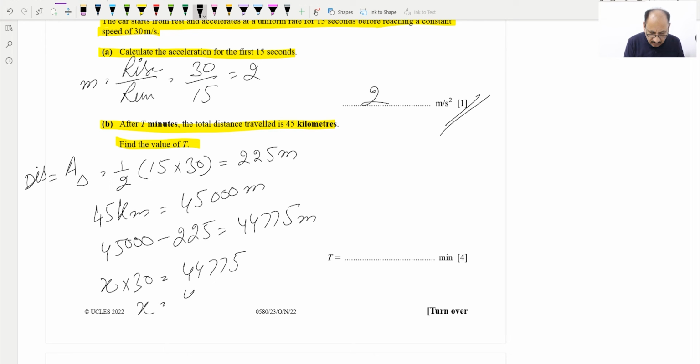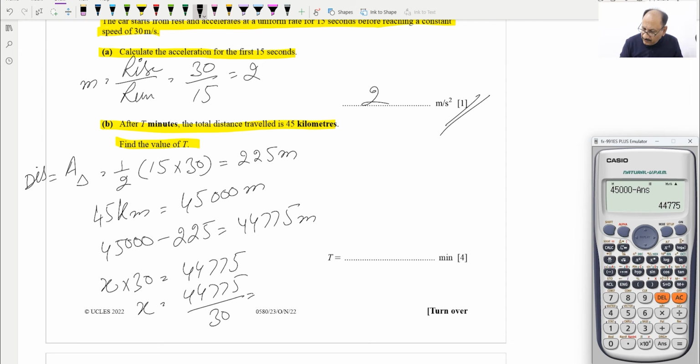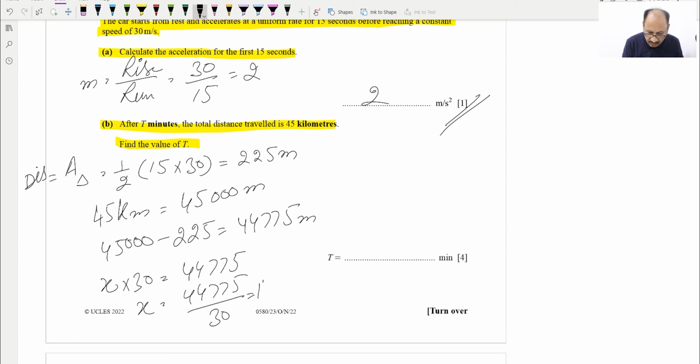So x will be equal to 44,775 divided by 30, and we'll get this as 1492.5 seconds.